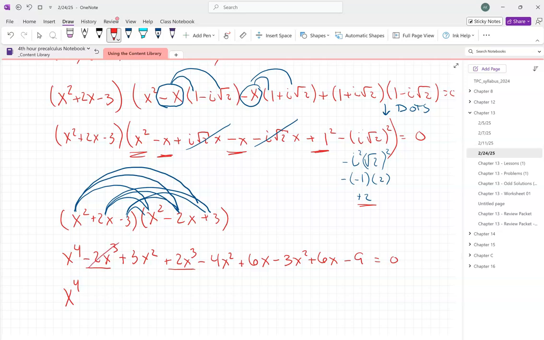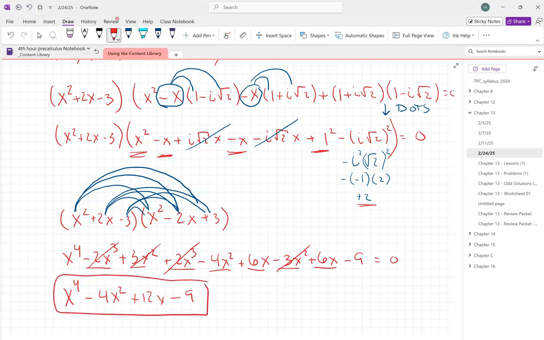I have a -2x cubed and a +2x cubed. Those cancel out. I have a 3x squared, a -4x squared, and a +3x squared. That's just going to leave me with the -4x squared. And I have a 6x and a 6x. That's going to be a 12x. And then just the -9. So there's my polynomial that I'm looking for.